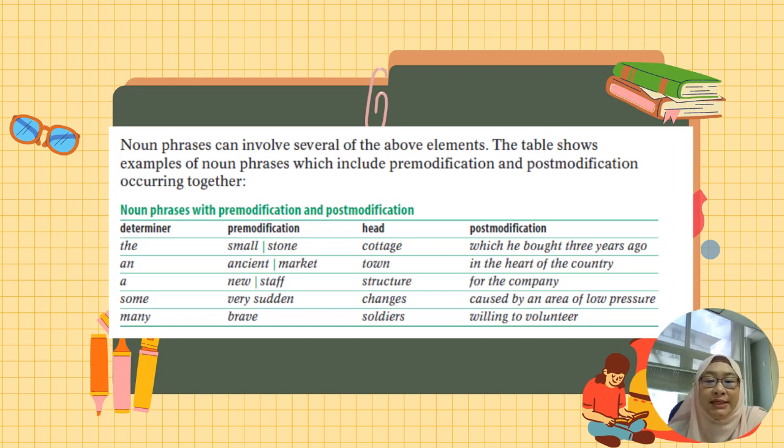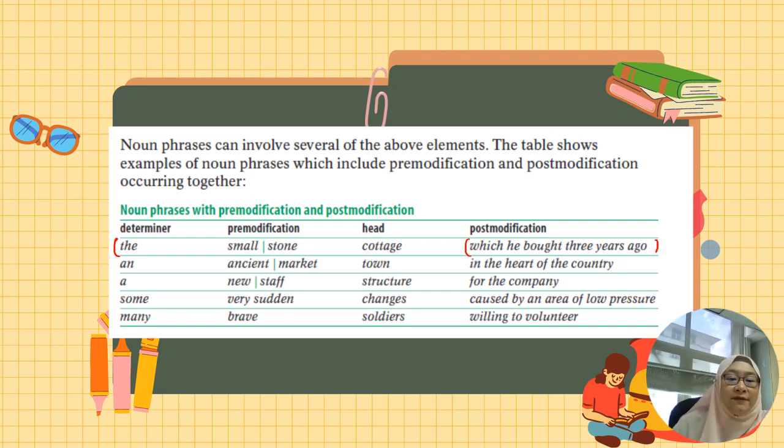The head is cottage, and the noun cottage is pre-modified by a determiner and also by the noun phrase small stone, and post-modified by a relative clause. You can take a look here, and this is the relative clause.